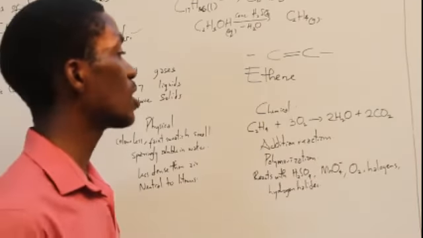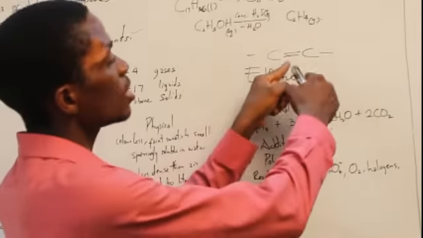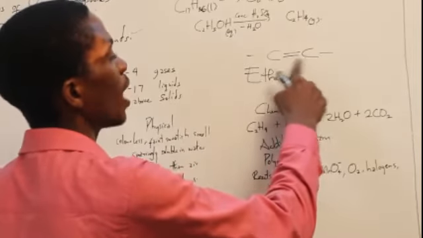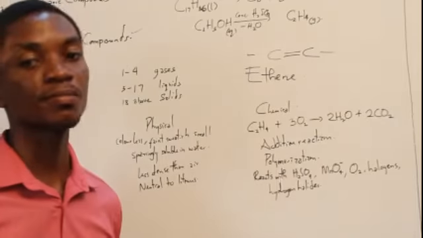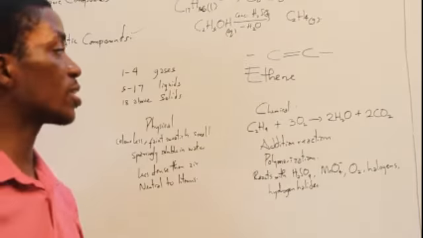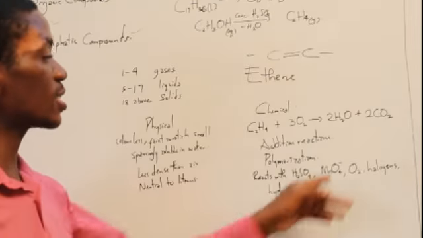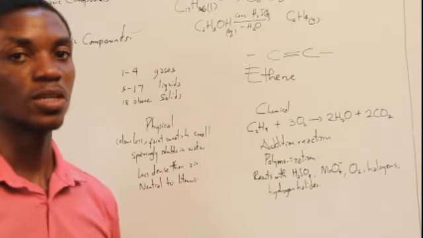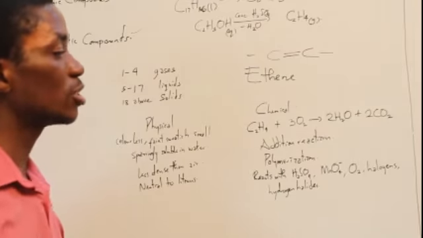All these reactions involve it losing this double bond and behaving like an alkane. When it loses this double bond, it connects to all these substances in its addition reaction. That's how we say it takes part in addition reactions.